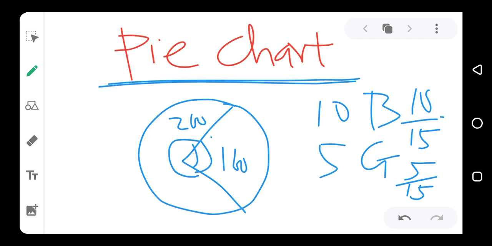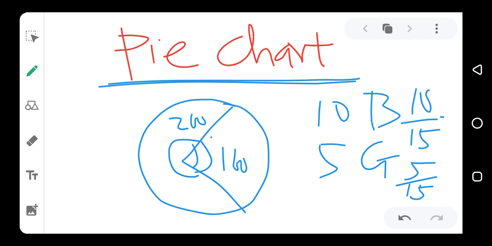So when we divide 10 by 15 and multiply by 360, assuming we get 200, we use a protractor and trace 200 degrees from the circle we've drawn. And then when we divide 5 by 15, assuming we get 160, I'm not saying that this is the actual thing you get when you divide and multiply by 360, but assuming that this is what you get, then you use your protractor and carve it out to get the sector for each of them.